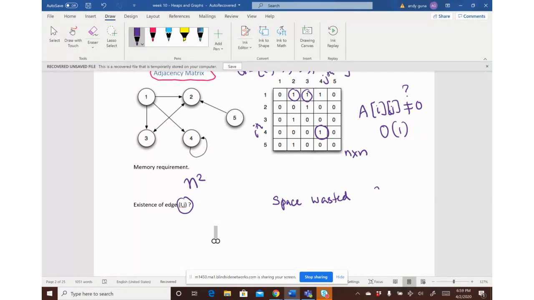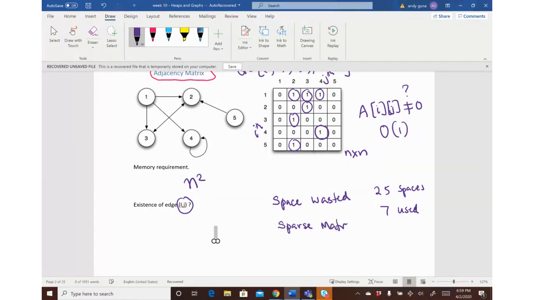So we have 25 spaces, but only 7 are used. We call these types of matrices sparse matrices.